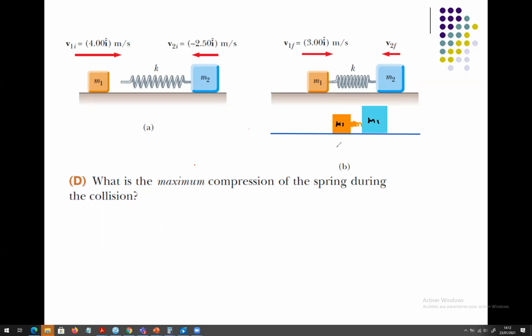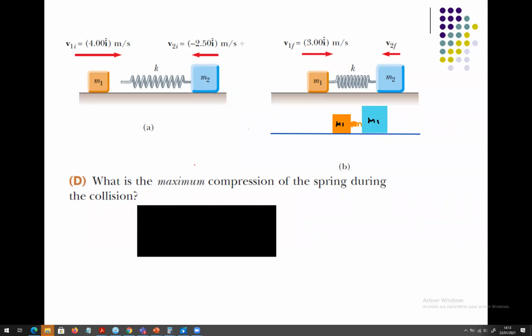If we have a big truck moving on the road, let's say a big truck moving to the right, and here we have a small object moving to the left.